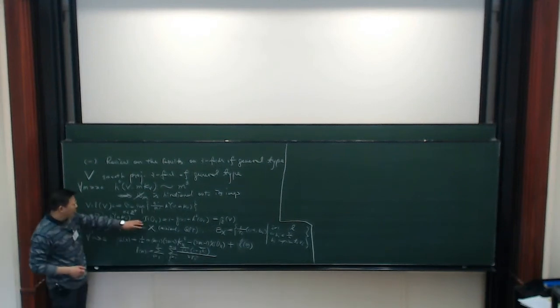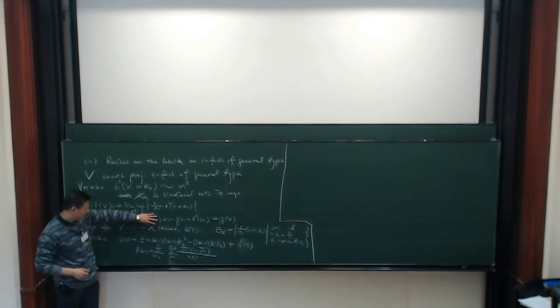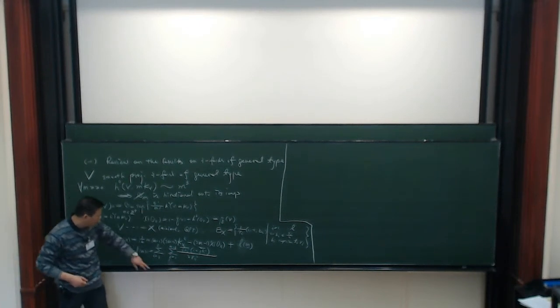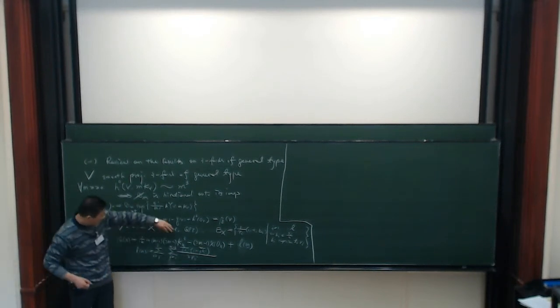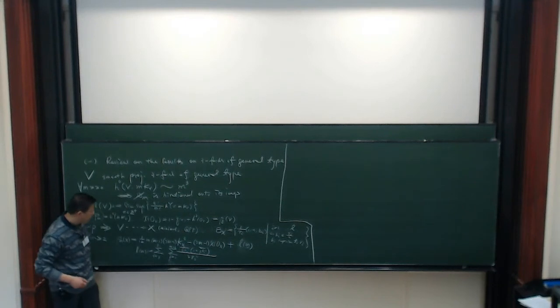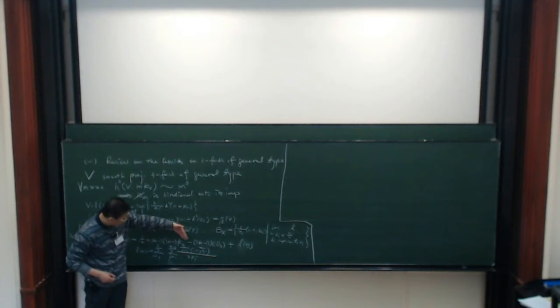For example, when chi of O_X is positive, but K_X cubed is very small, then it's not easy to calculate this.